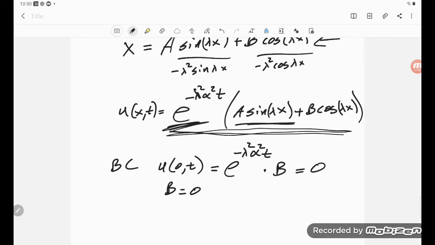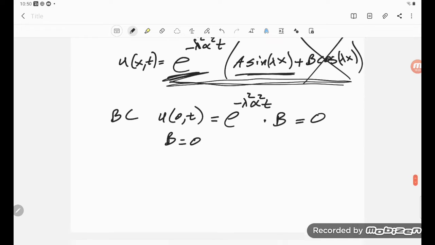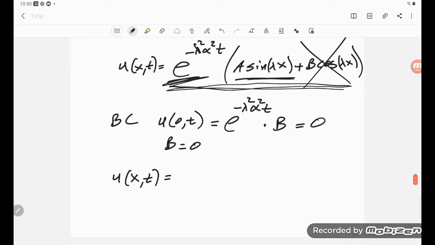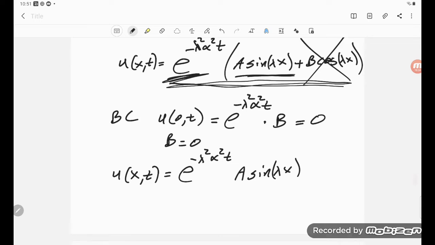Okay, so with homogeneous boundary conditions, right away we see that we've got our first part, with the left-hand boundary condition that at 0 we get 0. We're now down to u of x, t is equal to e to the minus lambda squared alpha squared t, and then a times sine of lambda x. So it's getting simpler.